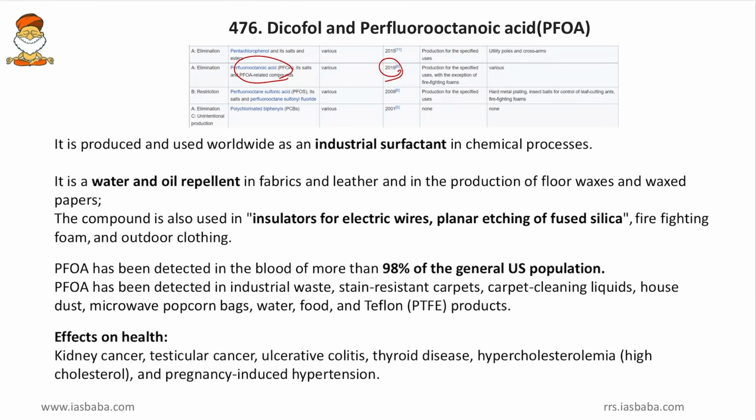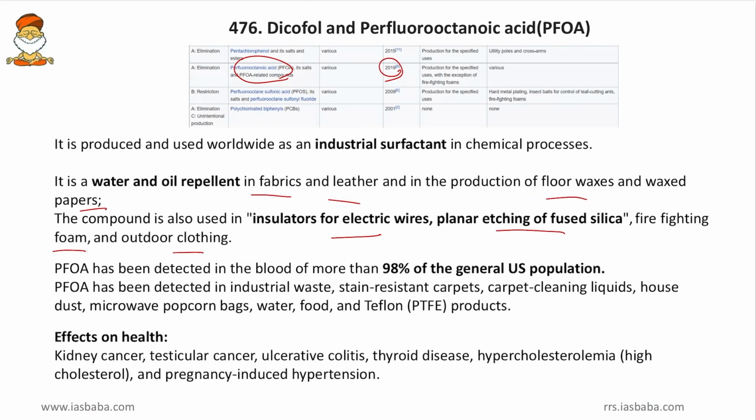So all those detergents are industrial surfactants, and even this perfluorooctanoic acid is also a surfactant. Then it is a water and oil repellent. So due to this property, it is used in fabrics, in the leather industry and production of floor waxes and waxed paper. So wherever these water repellent properties are used, in all those industries, this perfluorooctanoic acid is also used. Then the compound is also used in insulators of electric wires and in the planar etching of fused silica and firefighting foam and outdoor clothing. Friends, insulators of electric wires means the plastic insulators.